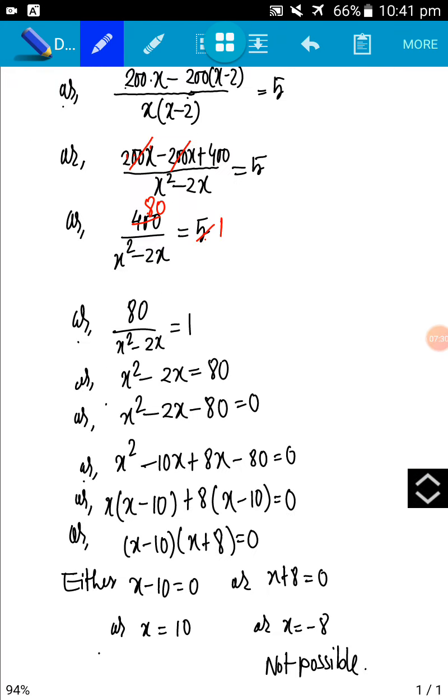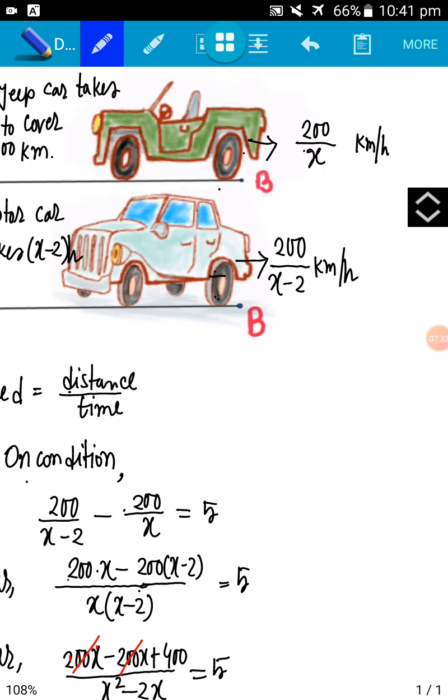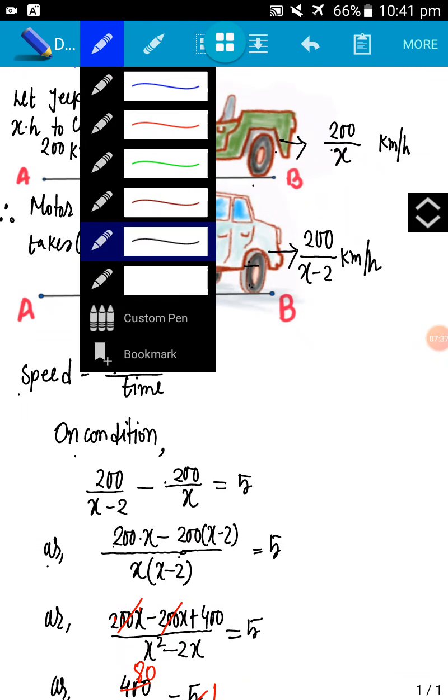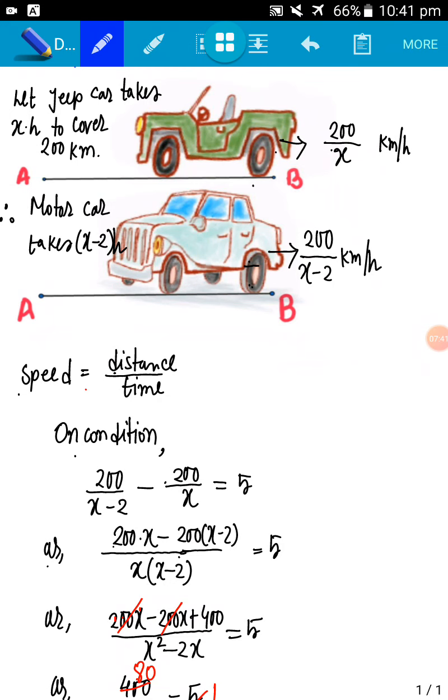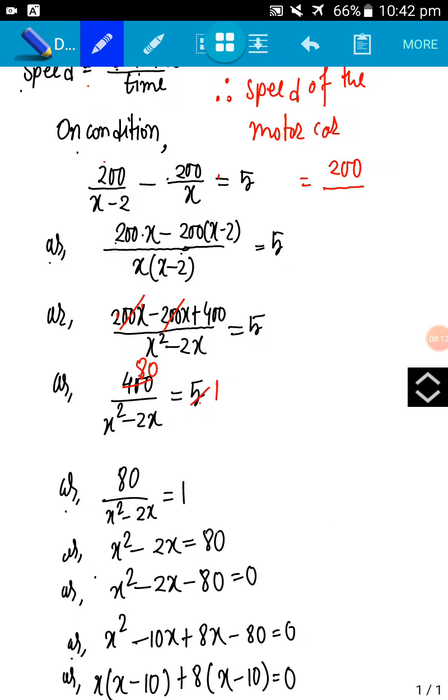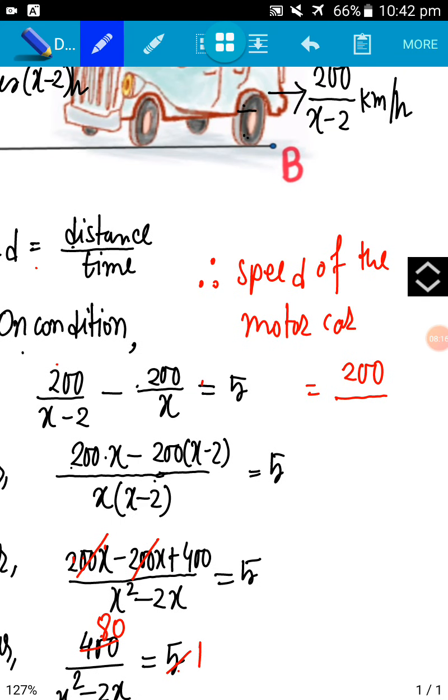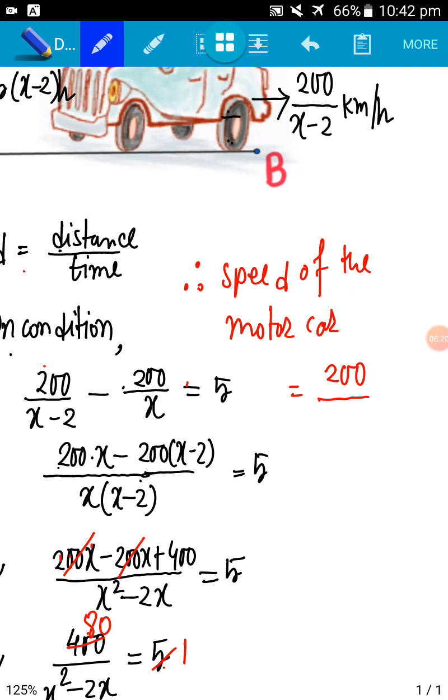So in this expression we put the value x equals 10. Therefore the speed of the motor car equals 200 by 10 minus 2 kilometers per hour.